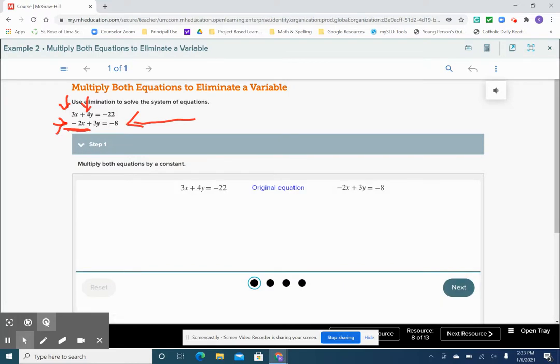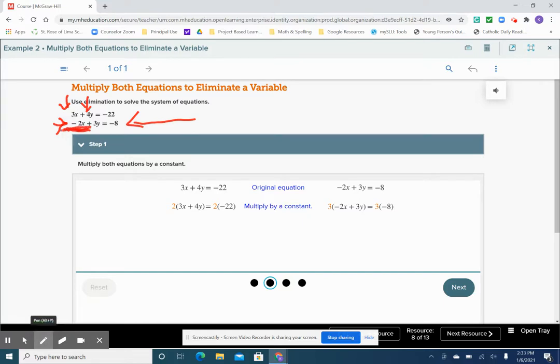All right, so your original equation at the top is 3x plus 4y equals negative 22. That's the original equation. You're going to multiply the top equation by whatever it is you decided to use to eliminate. In this case, they chose the negative 2 on the x. So they took whatever coefficient was with that x, and they're going to multiply the top equation by that.